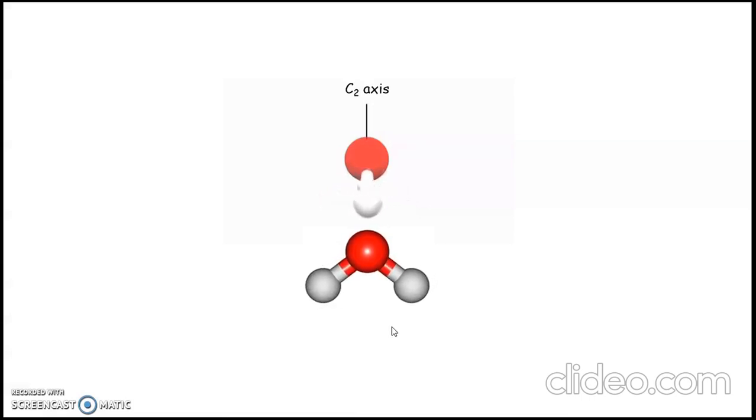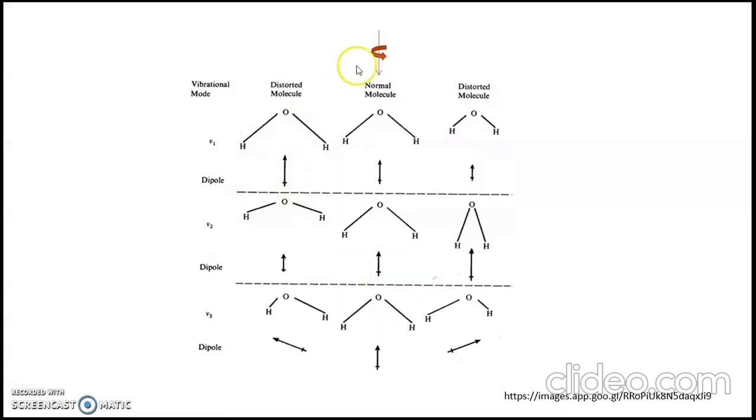In order to be IR active, there must be a dipole change during the vibration. And this may take place either along the symmetry axis, or parallel to the symmetry axis, or at right angles to the axis. If we take the symmetric stretch of water, it leads to dipole moment changes that occur parallel to the C2 axis of the molecule.